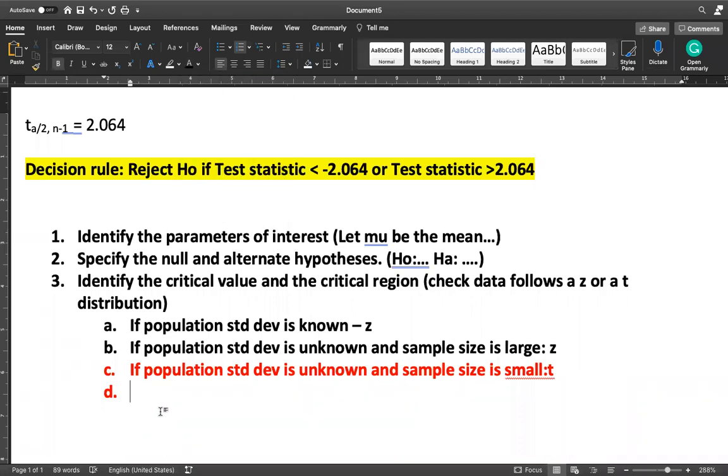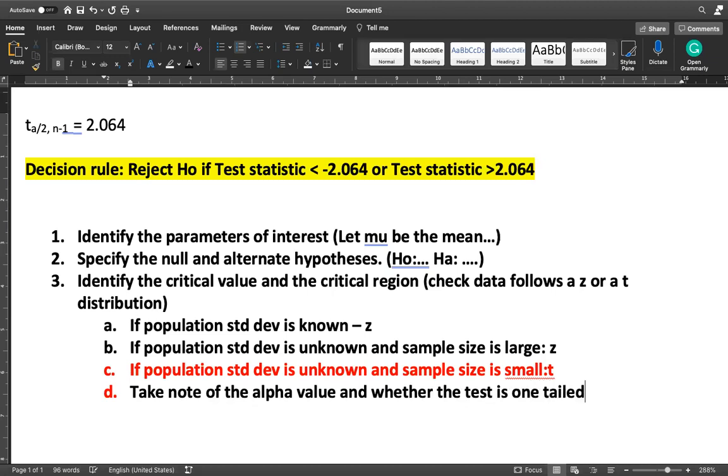What you also need to know is to take note of the alpha value. The alpha value will also help you to identify your critical region and whether the test is one-tailed or two-tailed, right?